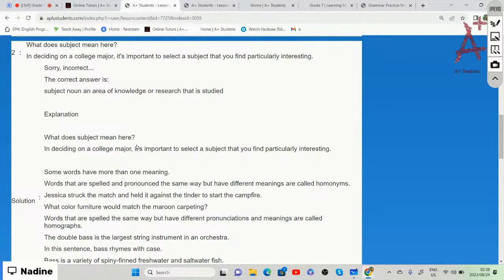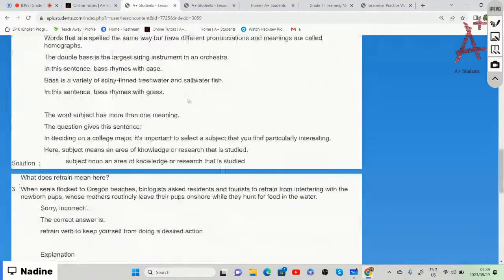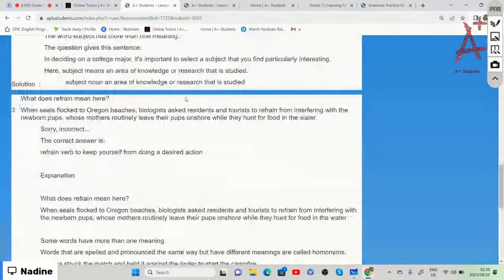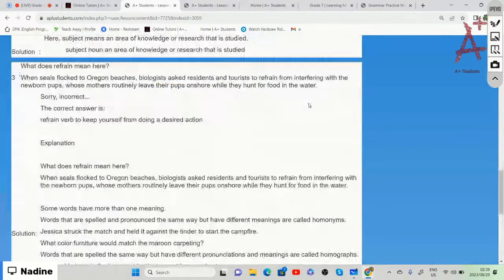You need to choose something that is of particular interest to you, because then you will put more effort into it. So the meaning of the word subject is the area of knowledge or research that is being studied. Some subjects we don't find interesting at all, and others we have greater interest in.